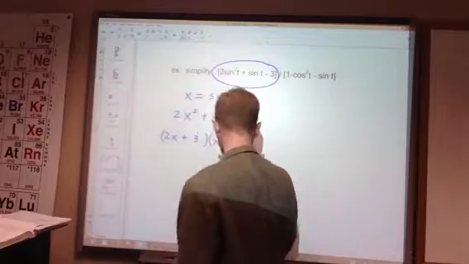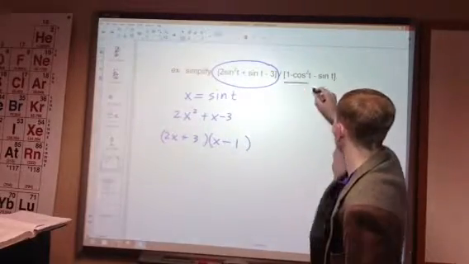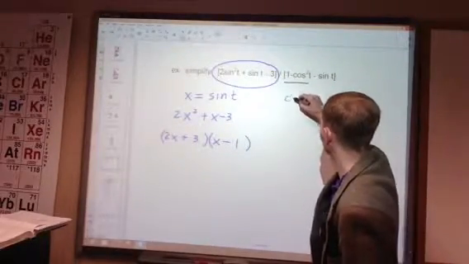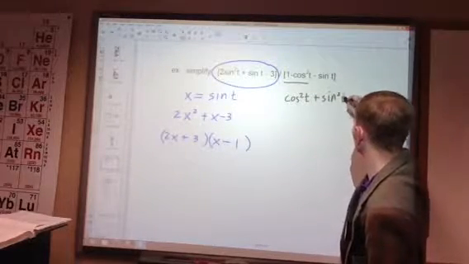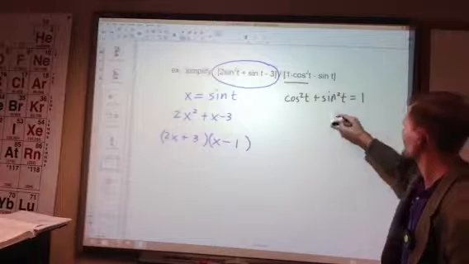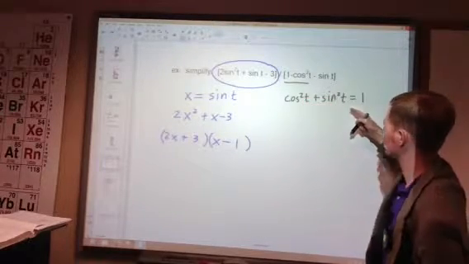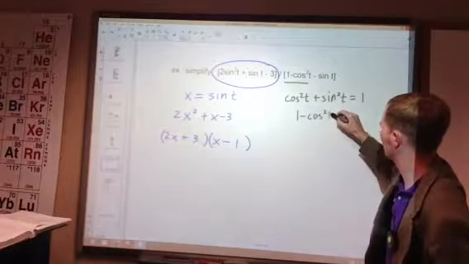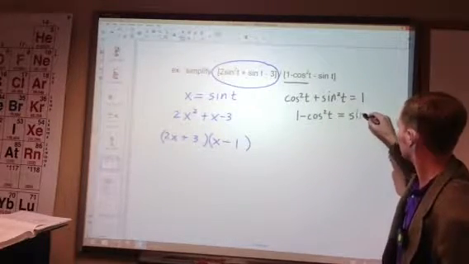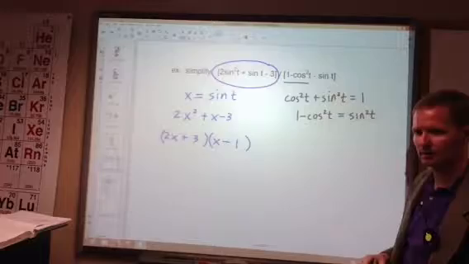Now let me work this one here. What would that one be? Well, I know that this plus this equals what? 1. So if I subtract cosine squared over to the other side, I'd be left with that, yes?